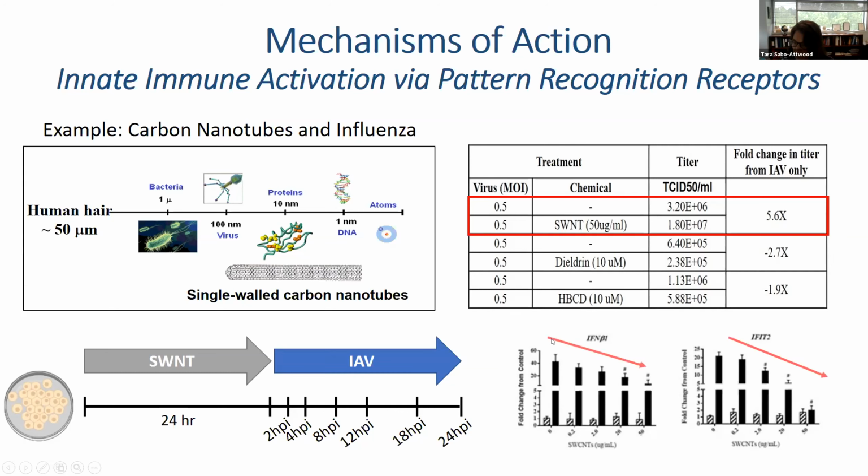Just to summarize several papers, we've looked at a lot of the players in these pattern recognition pathways, so TLRs, RLRs, and endpoint genes that are controlled by those pathways, such as shown here, interferon beta and IFIT2, which is an antiviral protein. Essentially, the black bars are the normal induction you see with an influenza virus, which makes sense because this is the host defense against the virus.